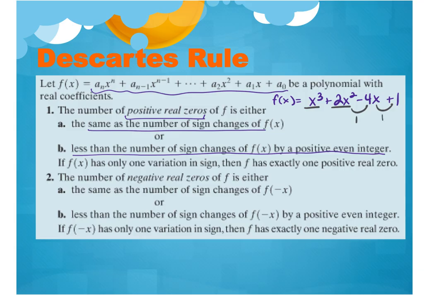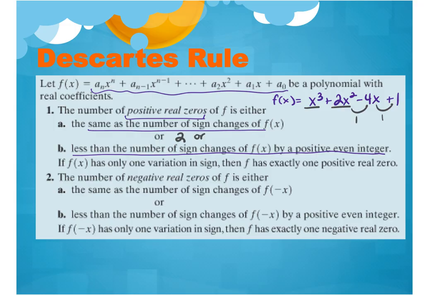So it is the same as the number of changes, which means 2, or less than the number of sign changes by a positive even integer, which basically means take 2 away from this and see if it's still a number that is positive or 0.